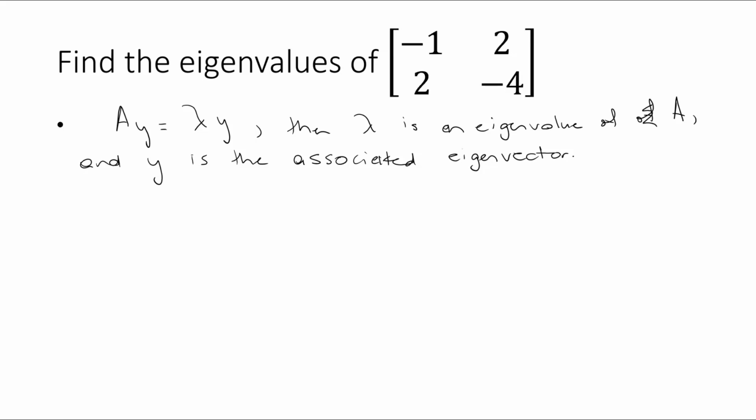Now, if we've got the situation where AY equals Y, then obviously the eigenvalue is 1.